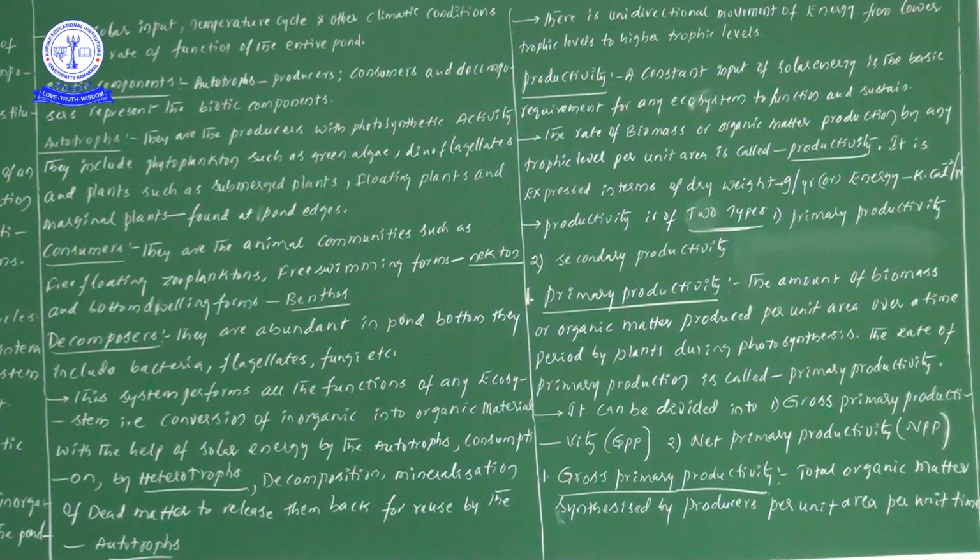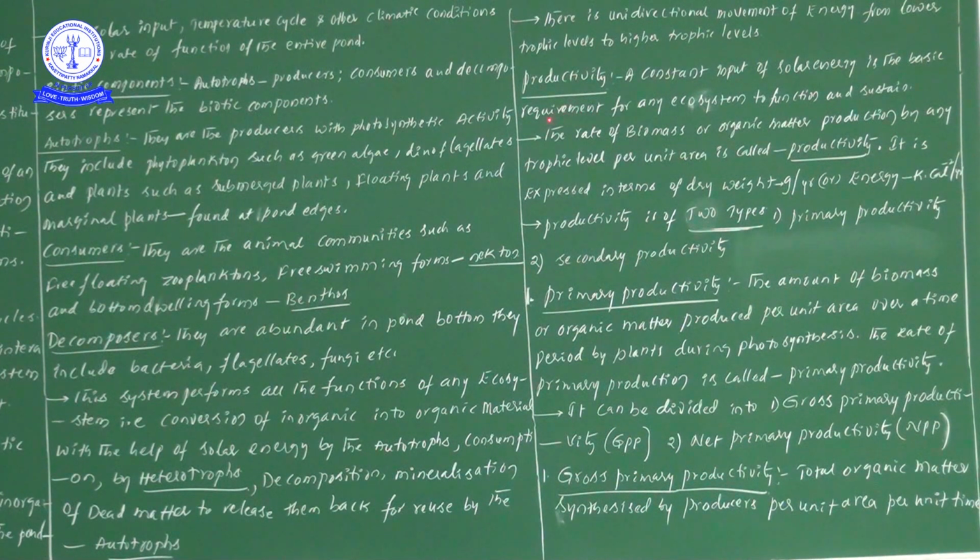Constant input. Sunlight is definitely required. The availability of sunlight is a basic requirement, and we will consider the availability of solar energy as a basic requirement.